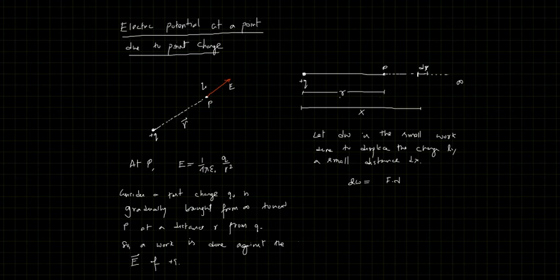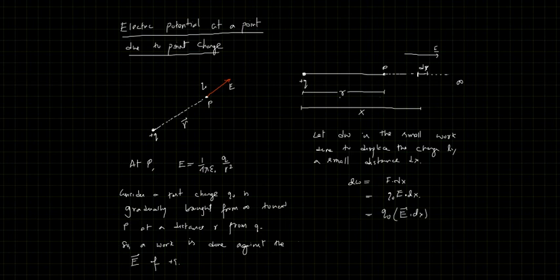So what is the force? You are working against the electric field. The electric field is radially outward, and you are going towards P. So we know force can be written as Q naught into E. Force into displacement dx: Q naught E vector dot dx vector.